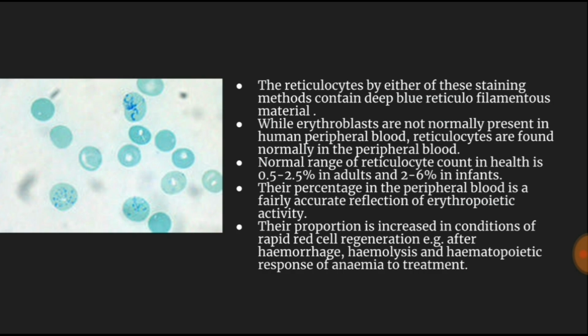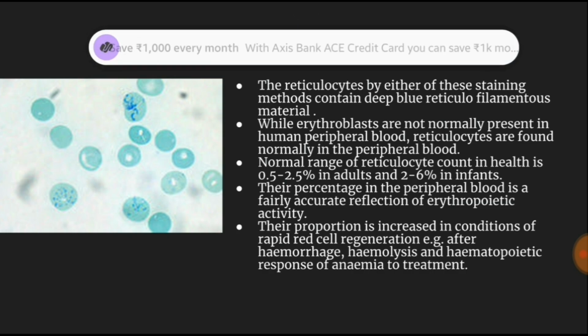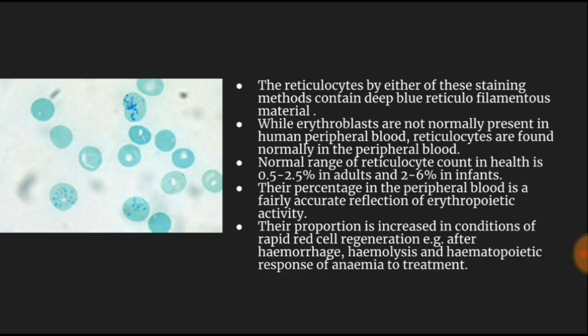Now moving to the normal range of the reticulocyte: in adults it is 0.5 to 2.5%, and in infants 2 to 6%. This reflects how much erythropoietic activity is happening in the periphery of the blood circulatory system.